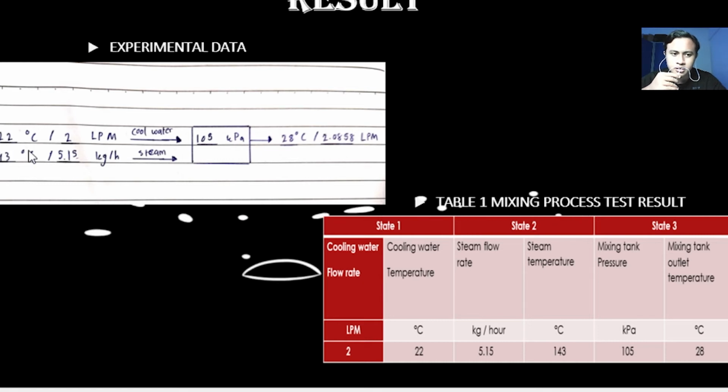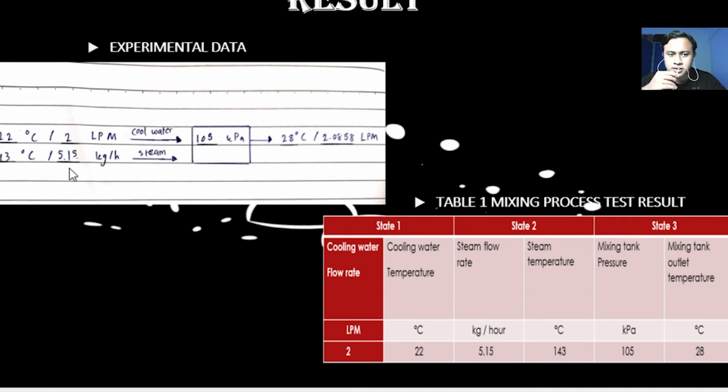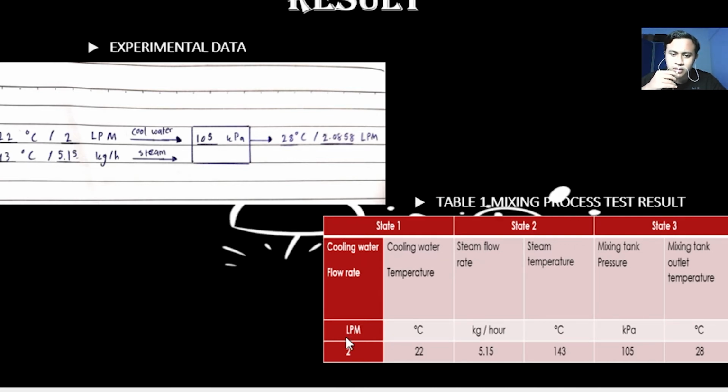We enter 22 degrees Celsius for the cooling tank and 140 degrees Celsius for the hot tank. Then we enter the pressure and we get this. For step 1, the cooling water flow rate is 2 lpm and the temperature is 22 degrees Celsius.